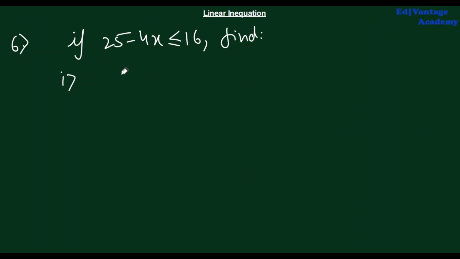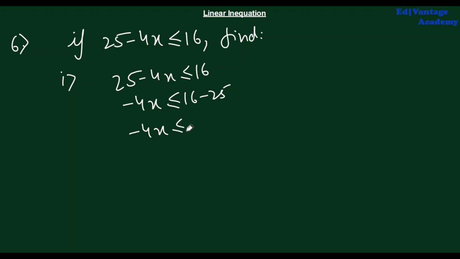Let us first simplify it. It's 25 minus 4x is less than or equal to 16. 25 will go there, or I can send minus 4x there. It will become plus 4x; since it becomes addition, the symbol doesn't reverse. Or I can say 4x remains there, 16, 25 goes to the other side, it becomes minus 25.